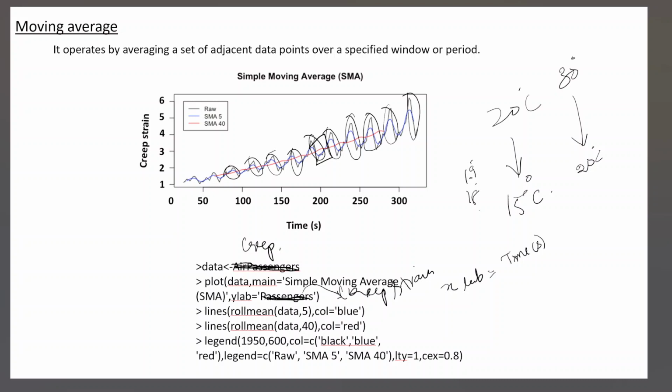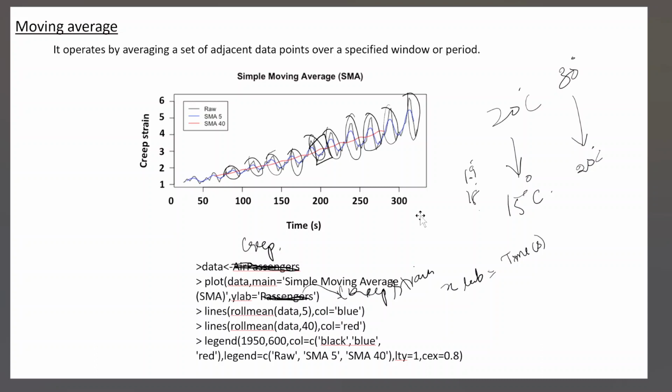So we have tried to smooth this data, because these variations are not actual features. They don't correspond to any microstructure variation or any creep deformation. Hence this has to be averaged out. For that, first we imported this creep file into R, which has the creep strain and creep time.